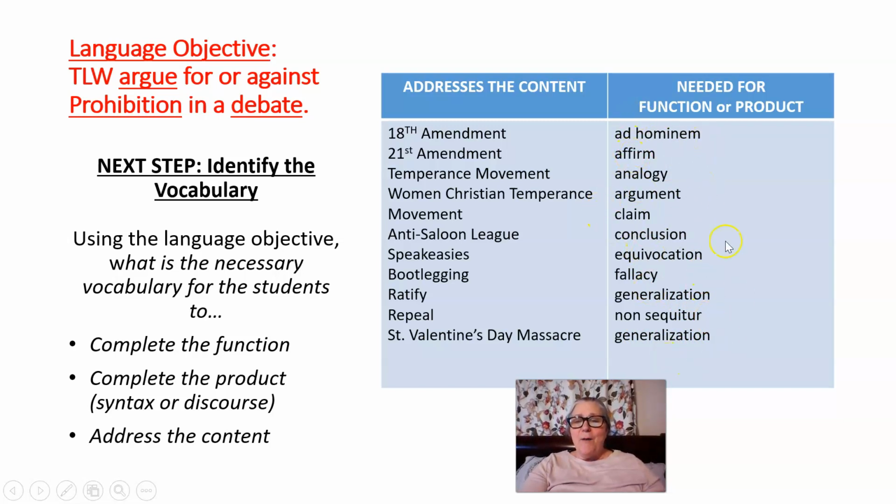Depending on how old my students are, I would need to make sure that they were familiar with these terms and had some practice with them. And these terms would be within the content of prohibition: the 18th Amendment, the temperance movement, bootlegging, repeal. So we've got content vocabulary and we've got academic language vocabulary.